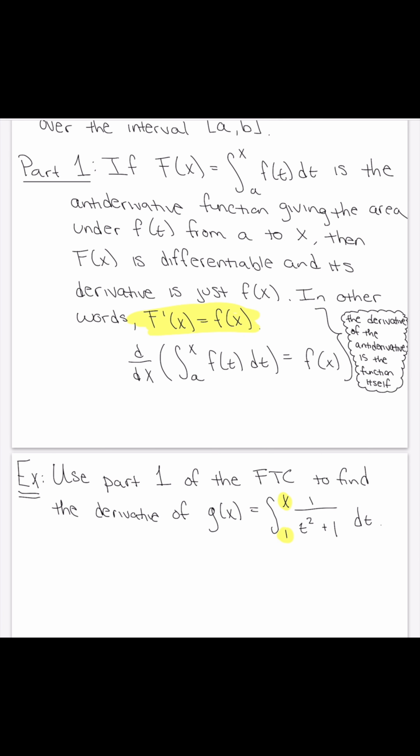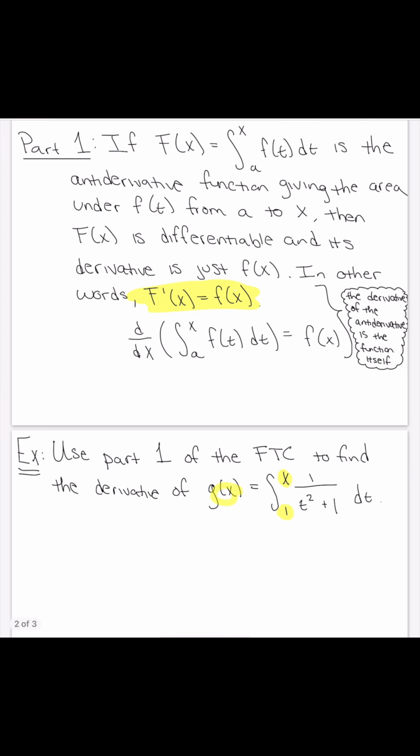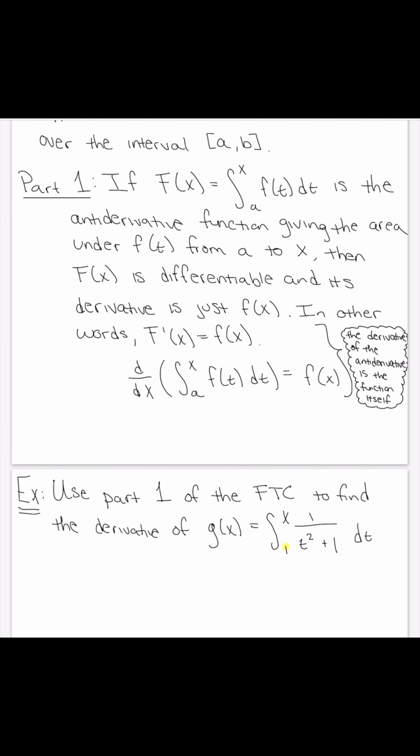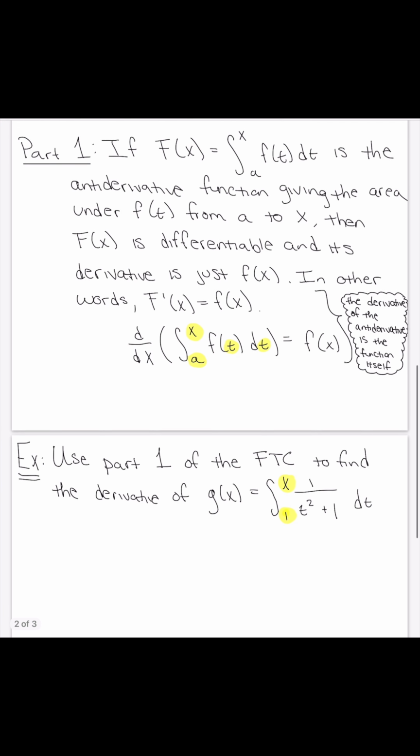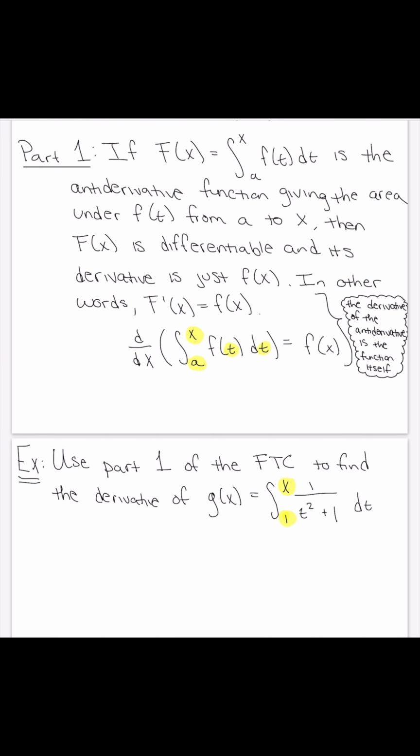So if I want to take the derivative of this function g, since our bounds in this example are just a number 1 and a letter x, it meets the formatting of the theorem, where a is just a number and x is a variable, different than the variable in here. So we have that same exact case, so we're able to easily apply this theorem.